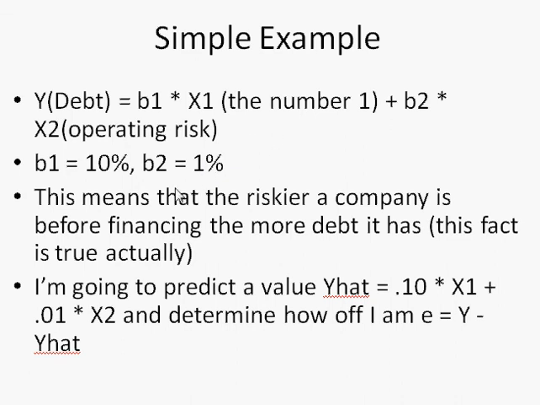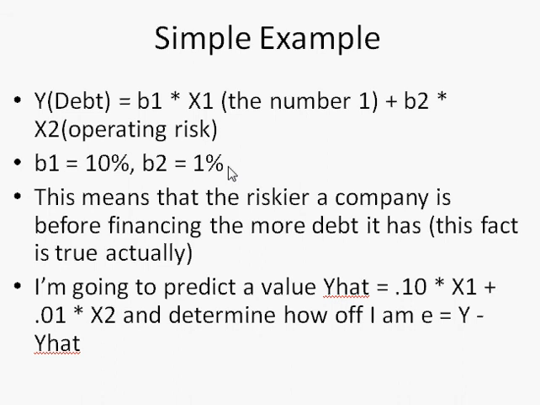So because this number is positive, that would mean as operating risk increases, so let's say operating risk increased 1 unit, then debt as a fraction of the total, this variable is the leverage ratio, debt as a percentage of total, that would increase by 1%, right? This goes up by 1, B2 is 1%, that means this would go up by 1%. And so we're 0.01.